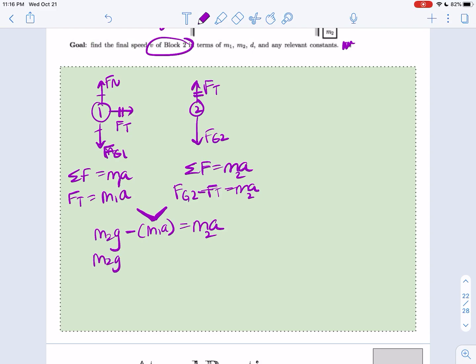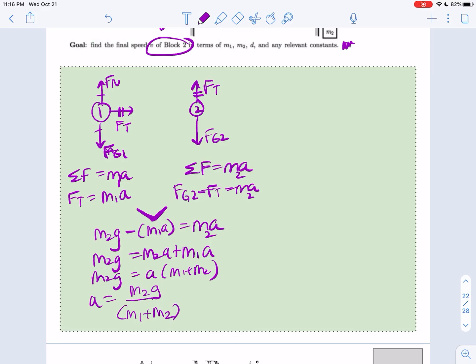Add this to the other side: m2g equals m2a plus m1a. Factor out the a, m1 plus m2. So the acceleration equals m2g over m1 plus m2.